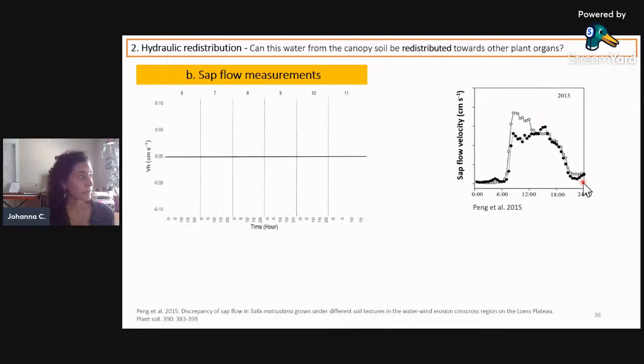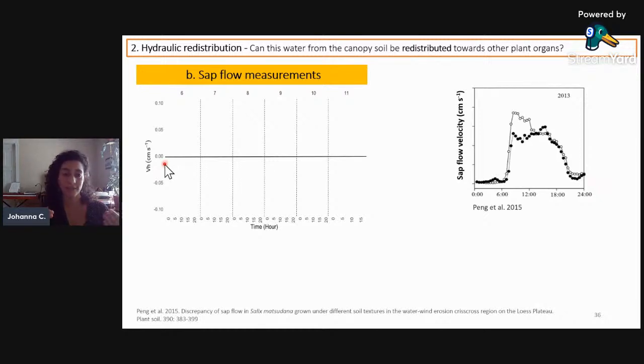So now in our results, again, the y-axis is the sap flow velocity, and here is just the hour of the day. Each panel here represents a day of the experiment. So this is day 6, day 7, day 8, 9, 10, and so on. And here we have this line, the 0 line.